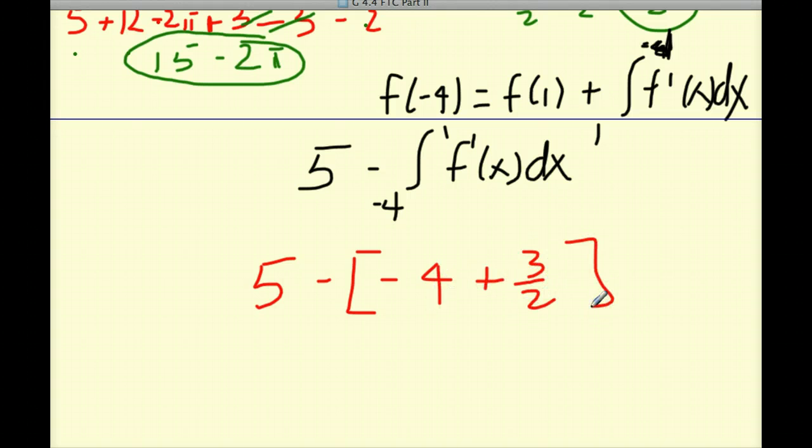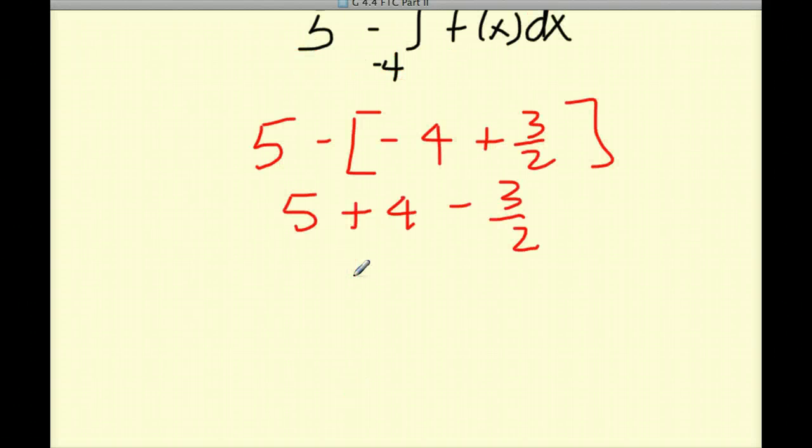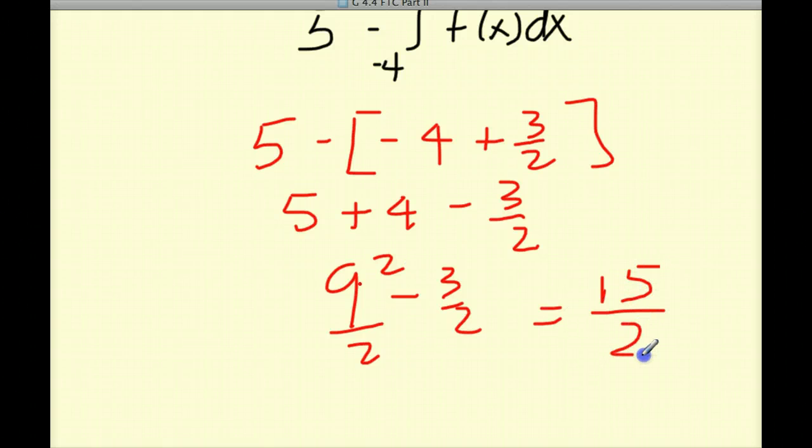And if we do that math, we get 5 plus 4 minus 3/2, which gives us 9 minus 3/2. And then once again, with common denominators, 18 minus 3 is 15. And our answer is 15 over 2.